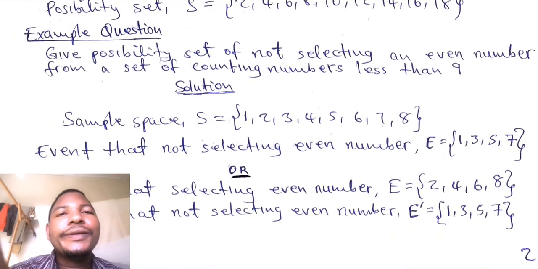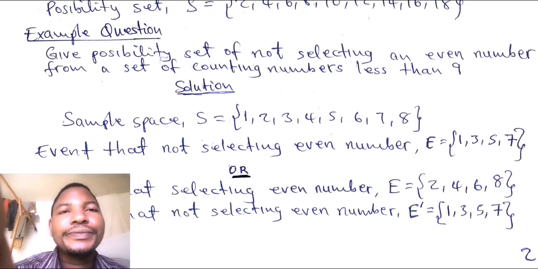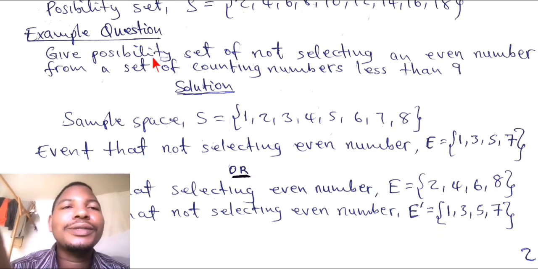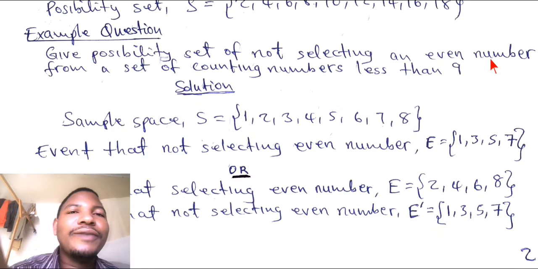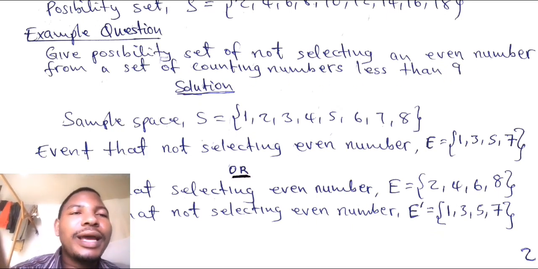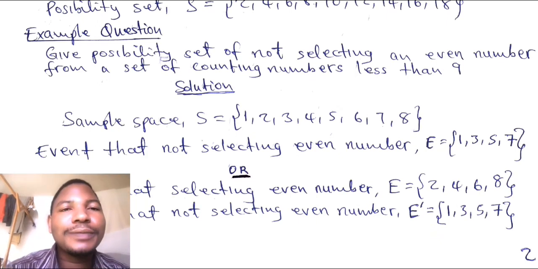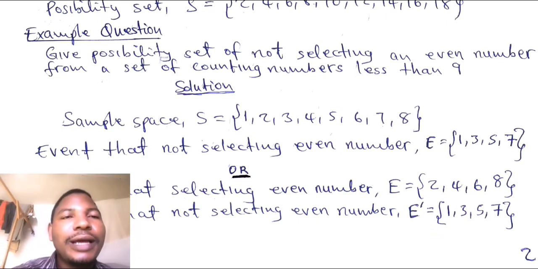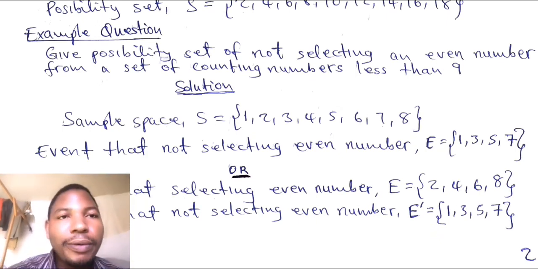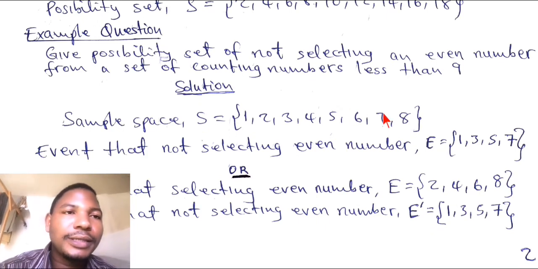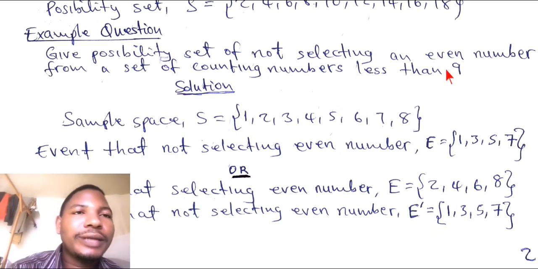And also there's another example here. Given the possibility set of not selecting even number from the set of counting numbers less than 9. Our sample space here is the counting numbers less than 9. So I can say our probability set or sample space is these numbers less than 9, as you see here, as it is guided from the question.